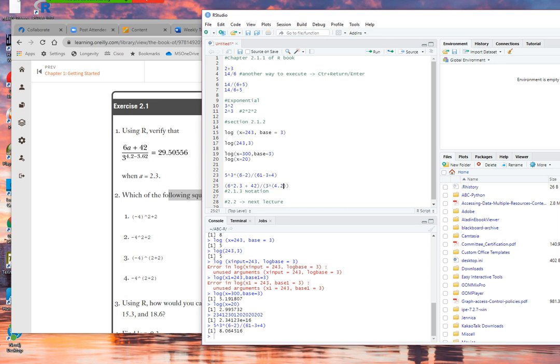It's not like a 3 power on 4.2 minus 3.62.